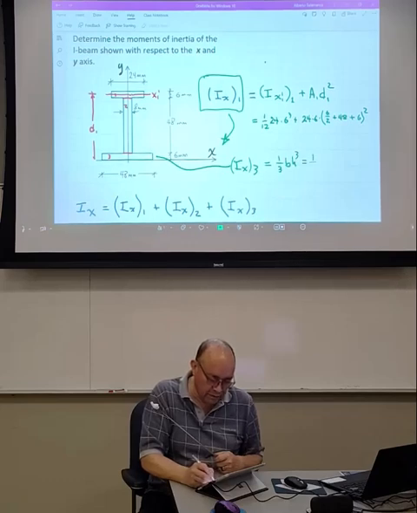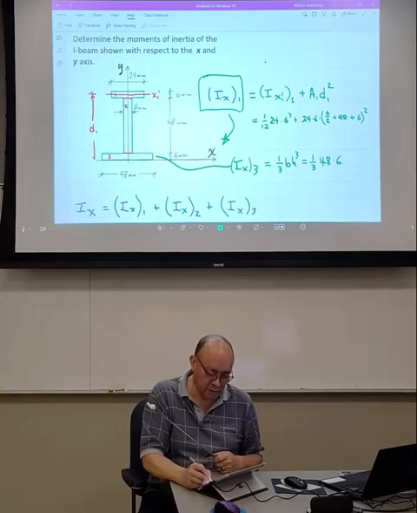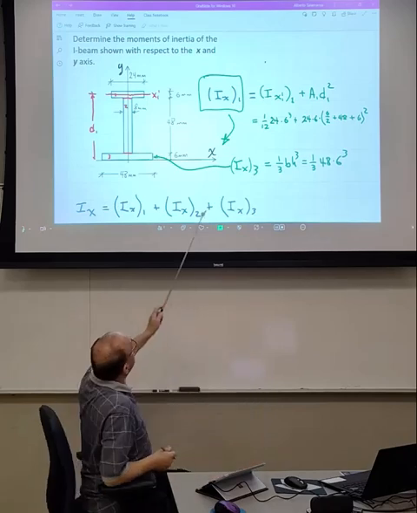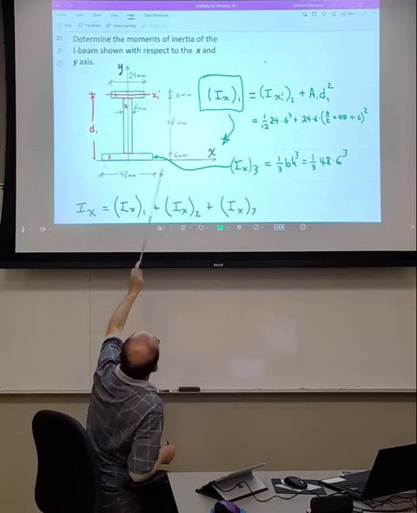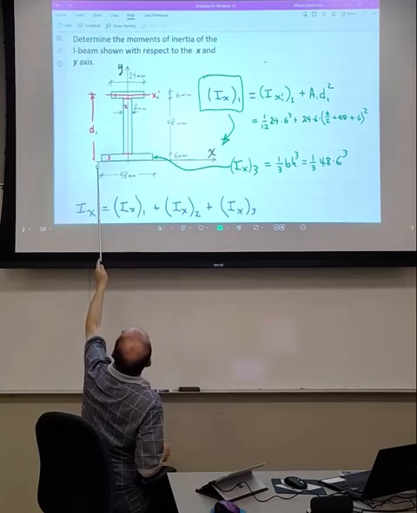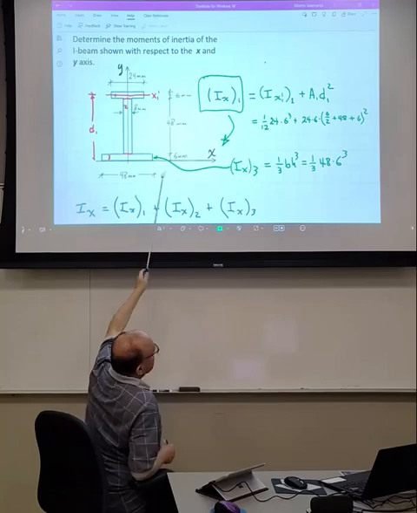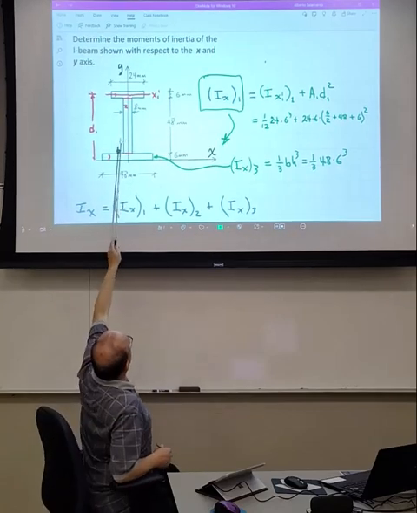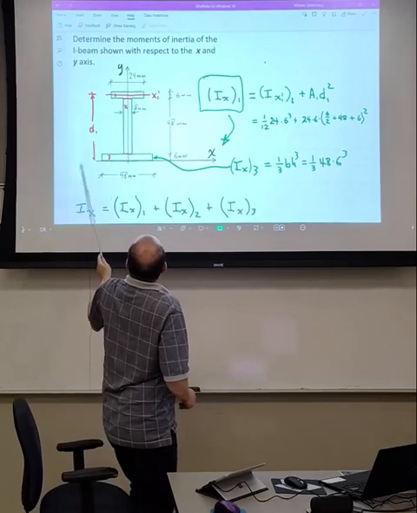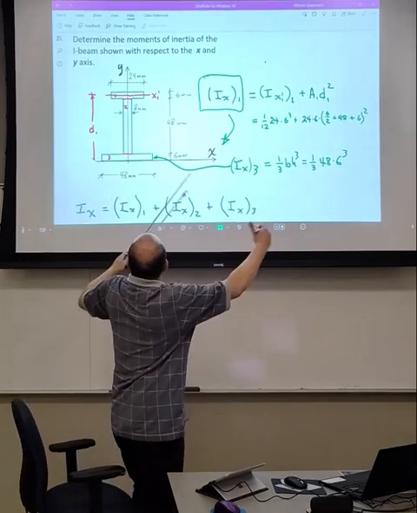So 1/3 times 48 times 6 cubed. In that one, you don't need to use the parallel axis theorem because you already know the formula for the inertia with respect to the axis that goes through the side. In figure 2, you don't have the moment of inertia with respect to an axis that goes outside of the rectangle.